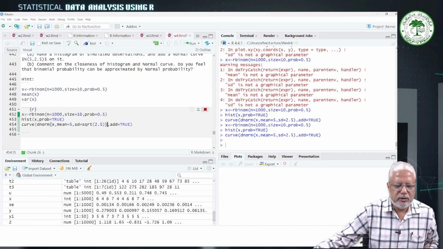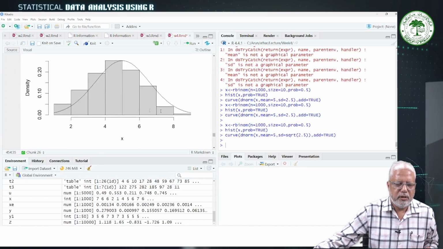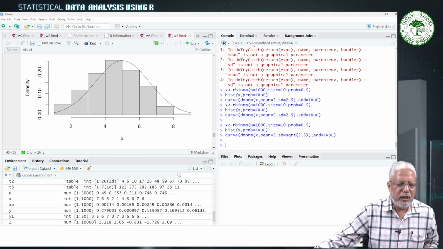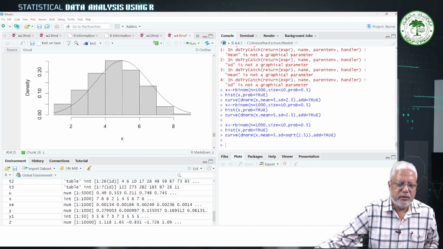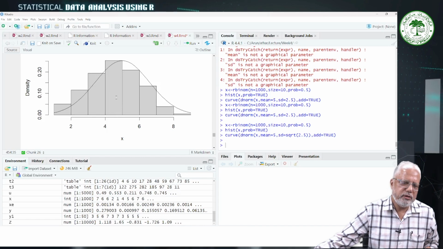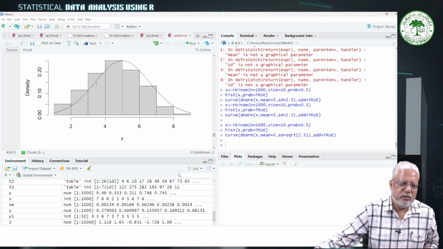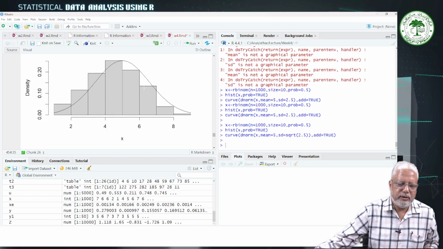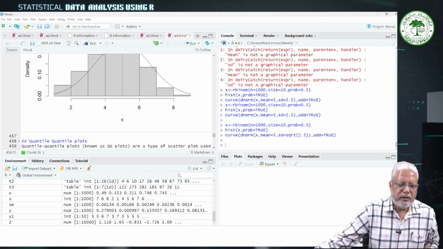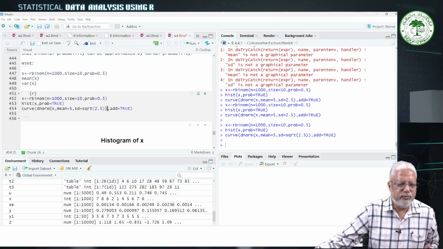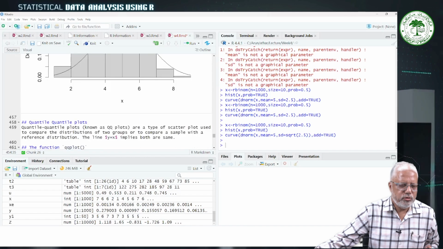Now we should run. Yes. Now see this histogram, and they are not in very close agreement because it is somewhat a left skewed distribution. But there is some closeness between the two.